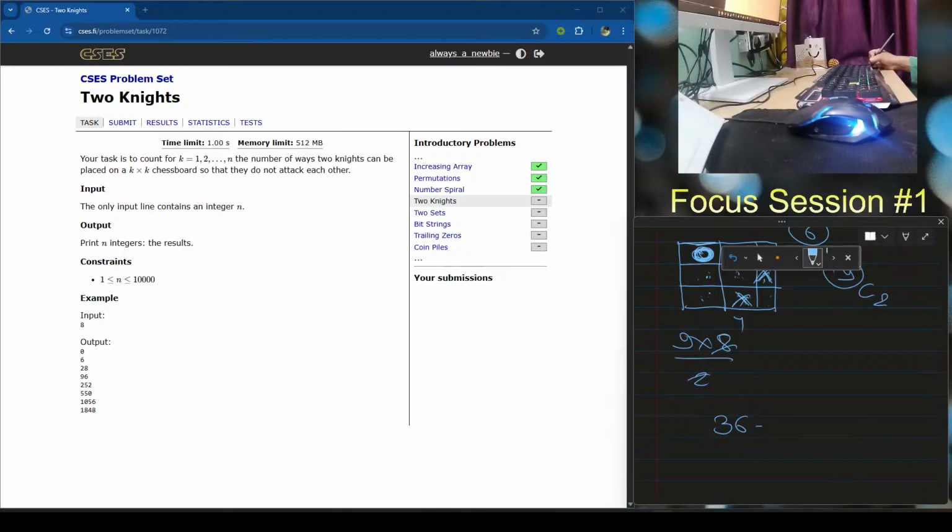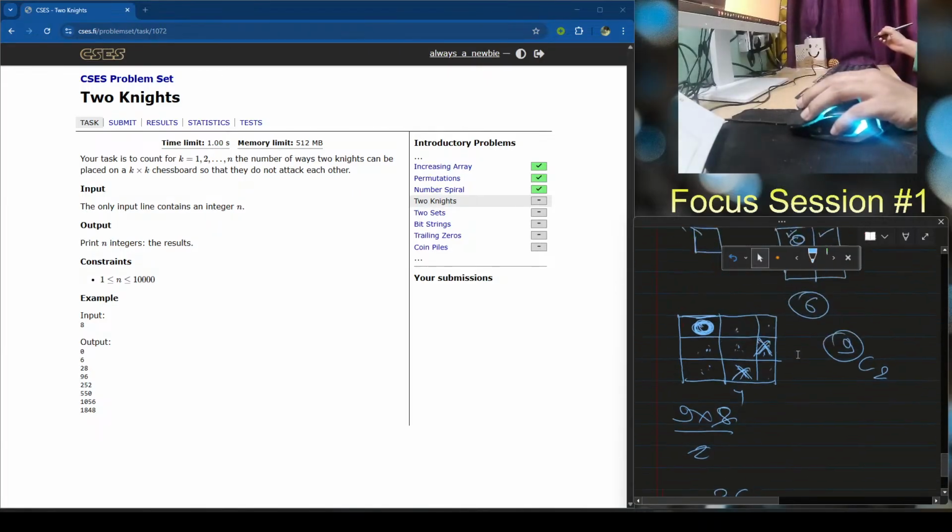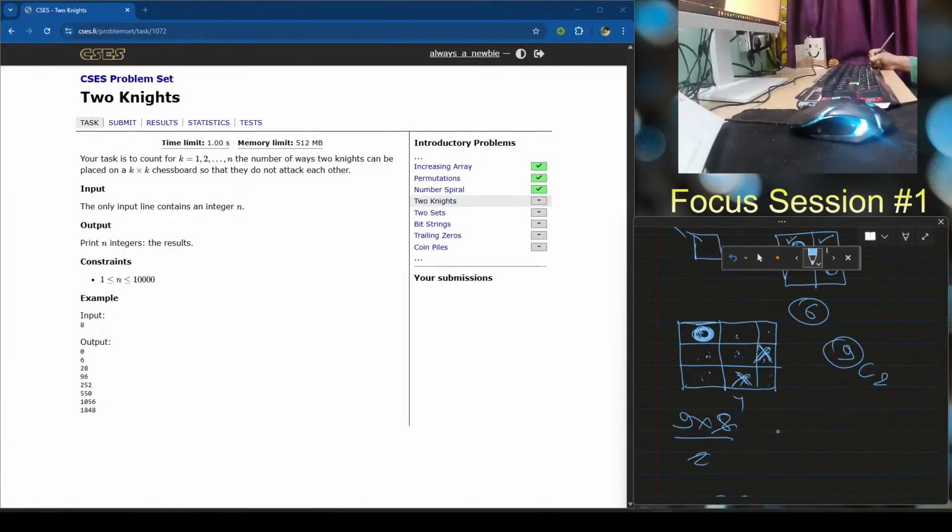And from here I will subtract some places. Now how many places should I subtract? Just think here. I have 36 total places. From here I need to subtract some.